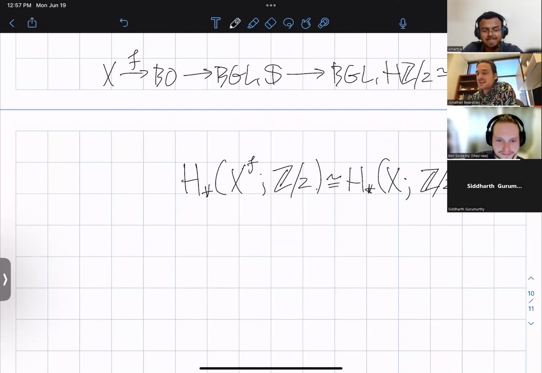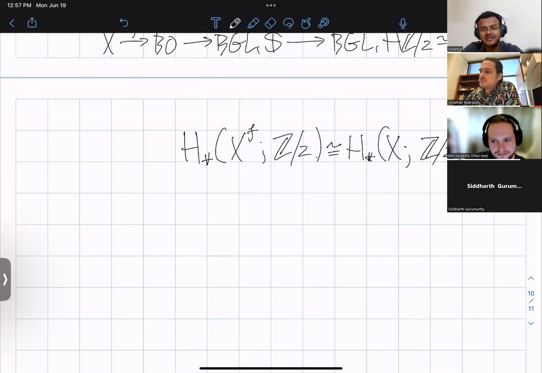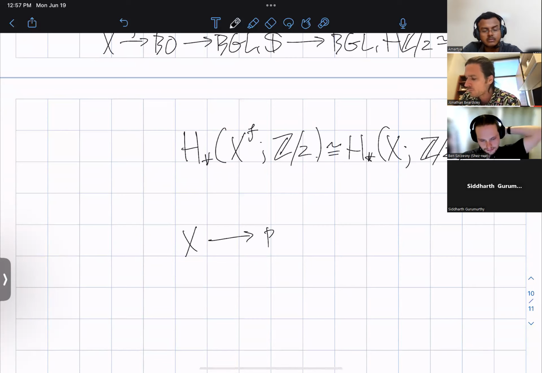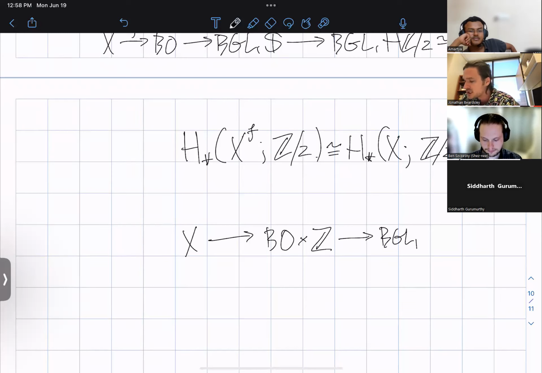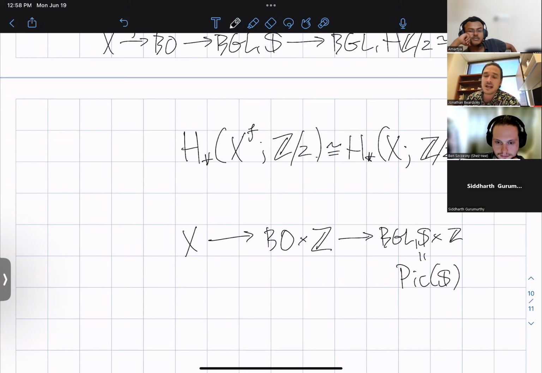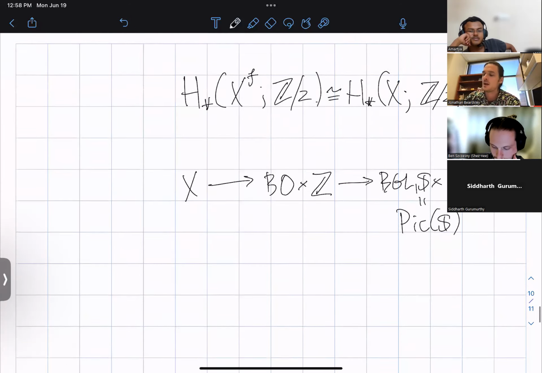What I'm doing here is that if I've got some vector bundle, really where I'm landing is here, and that Z component is telling me the dimension of my vector bundle, and then this maps to BGL1S cross Z, which is Pic of S. And so I can consider what happens there.